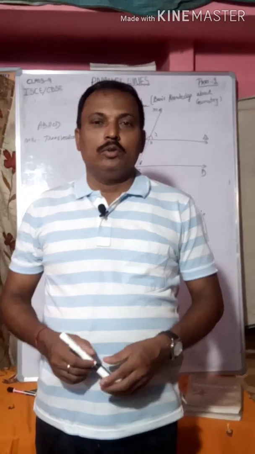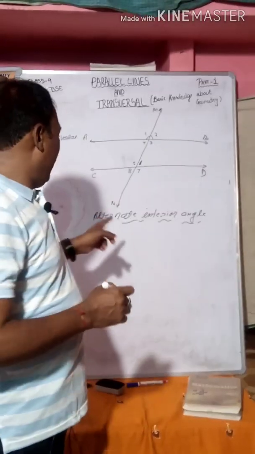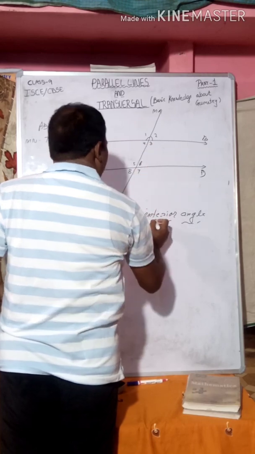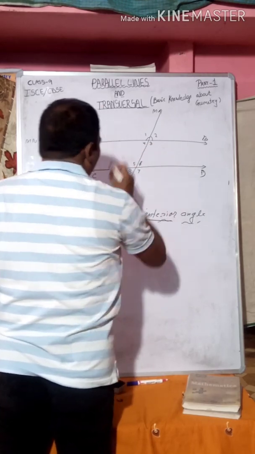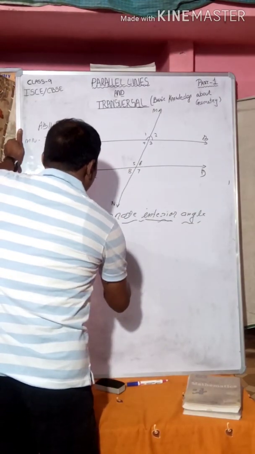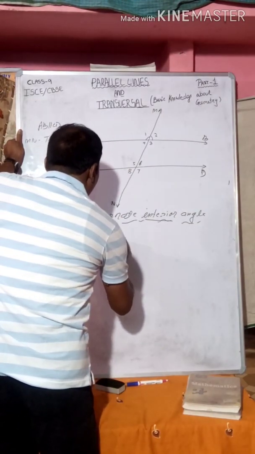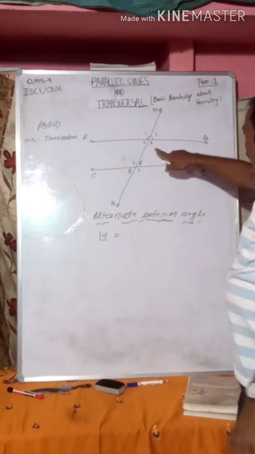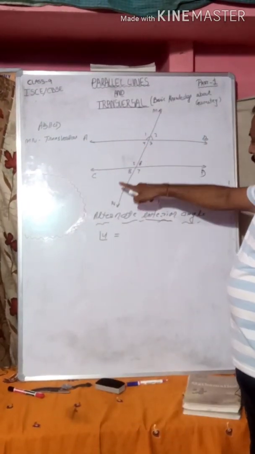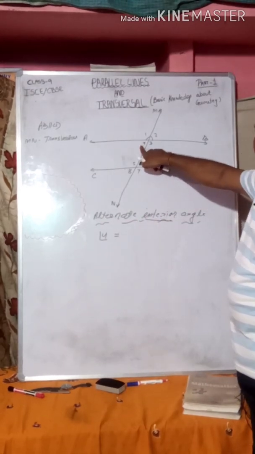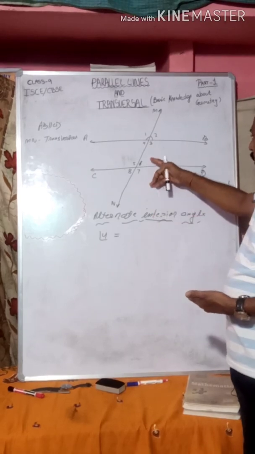So alternate interior means we only compare within the interior angles. Angle 4 is an interior angle. 4 is on one side, the alternate side.